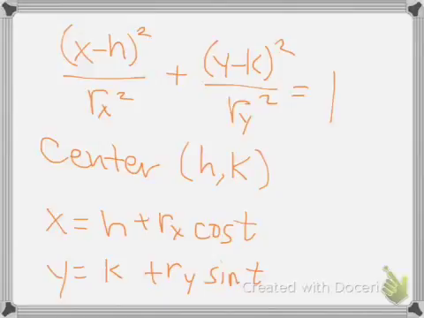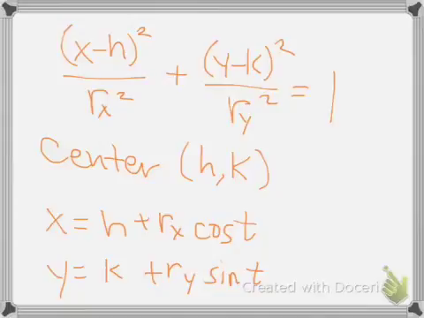So that is the parametric for an ellipse. Once you identify the center, x radius and y radius, you're able to plug them into the parametric equation. So basically that's all you have for an ellipse.